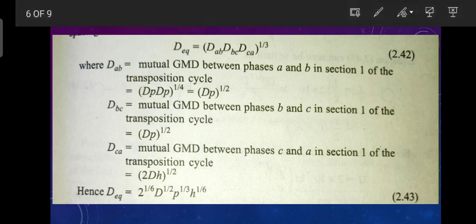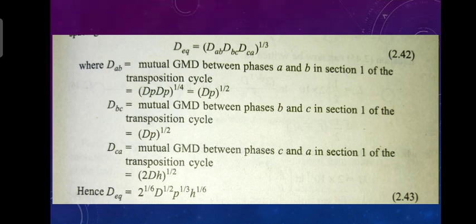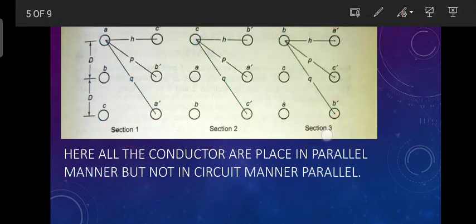So let's see, the equivalent distance is equal to (DAB into DBC into DCA) to the power 1 by 3.